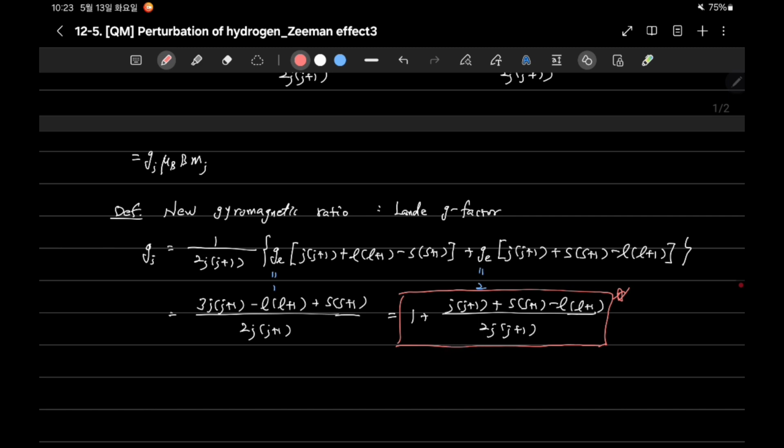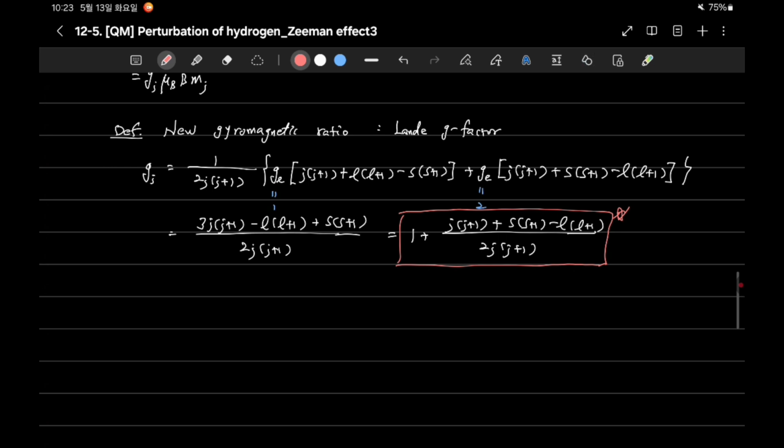Depending on the quantum states, the gyromagnetic ratio is different. So the magnetic moments depend on the quantum states.